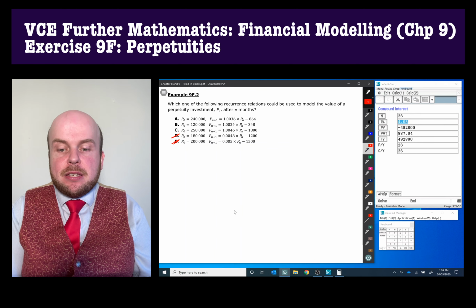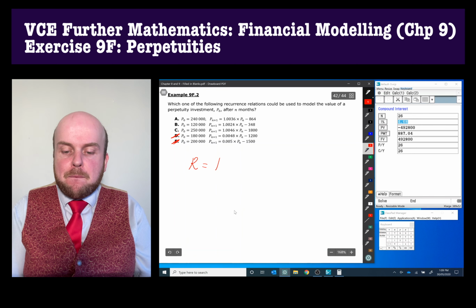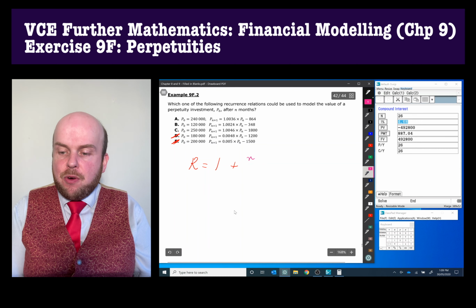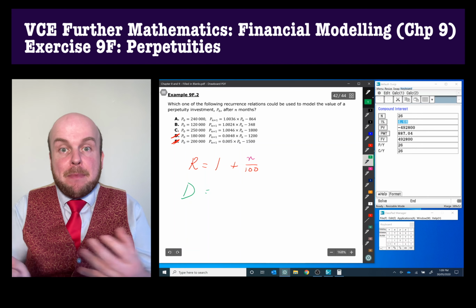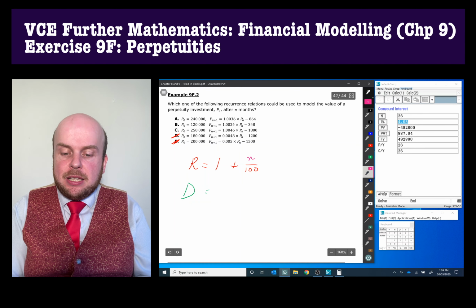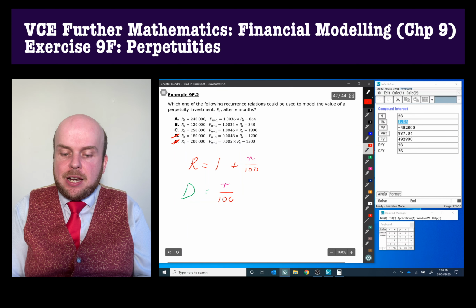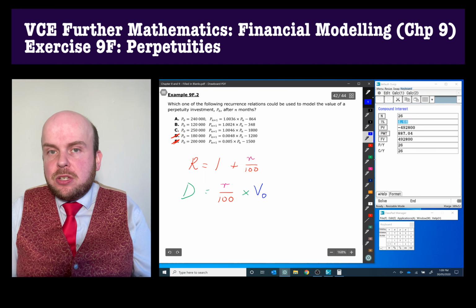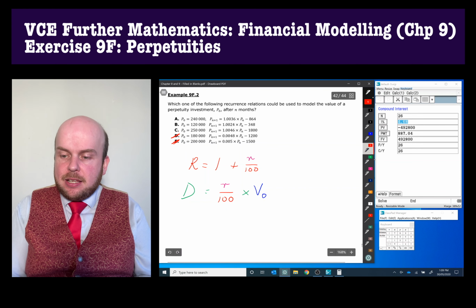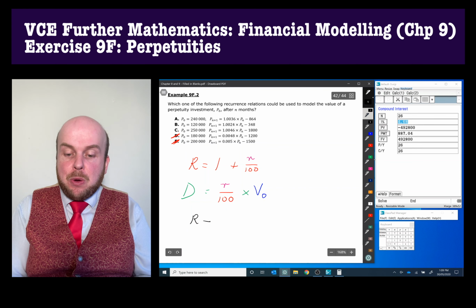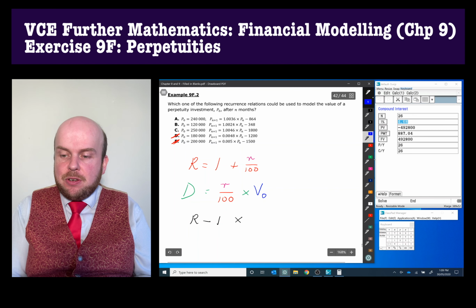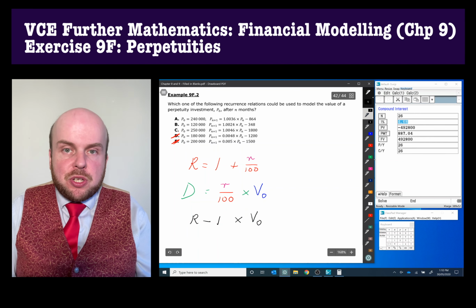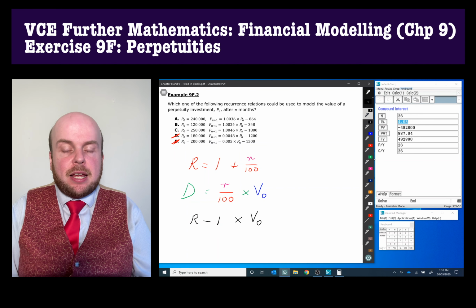If you remember that capital R is equal to 1 plus little r over 100, and we know that for a perpetuity, D, the money that I'm taking away, has to be equal to little r over 100 times V naught, or the initial amount, all we need to do to check is to see if we did R, take away 1, because that's the difference, and times it by V naught, we should be able to determine which one is the correct D value.